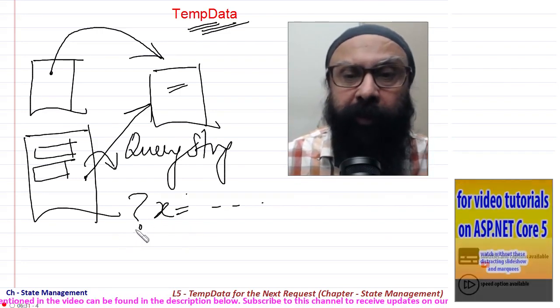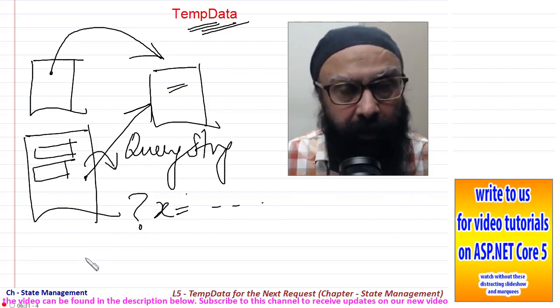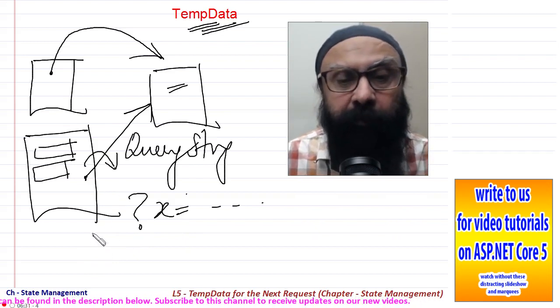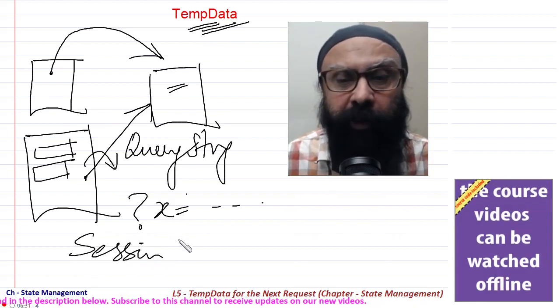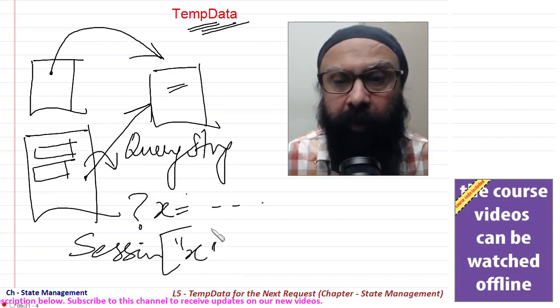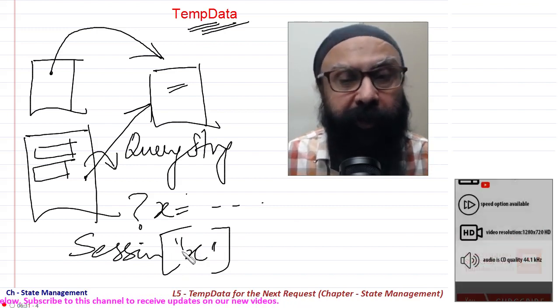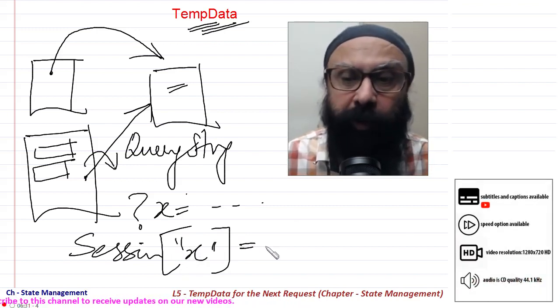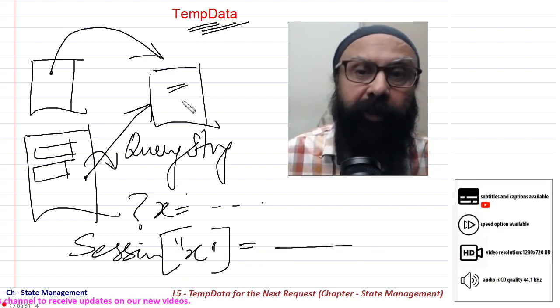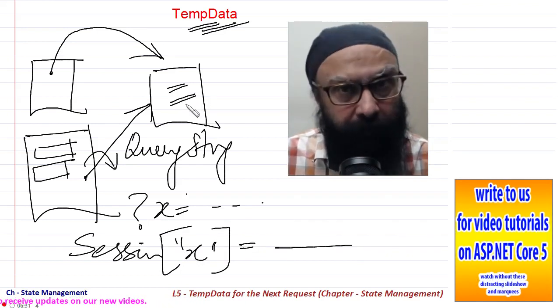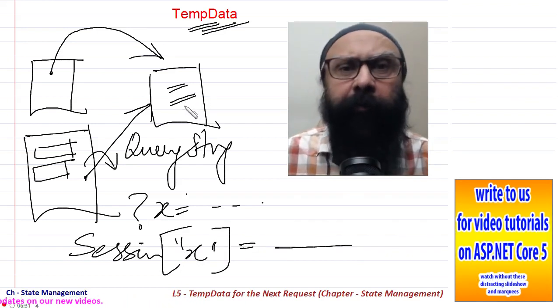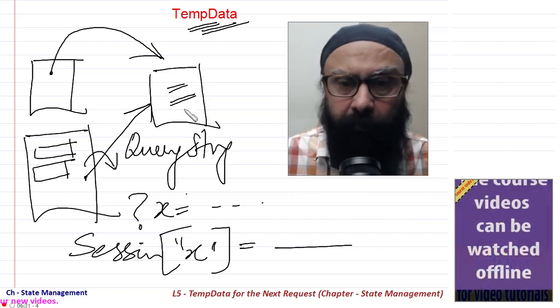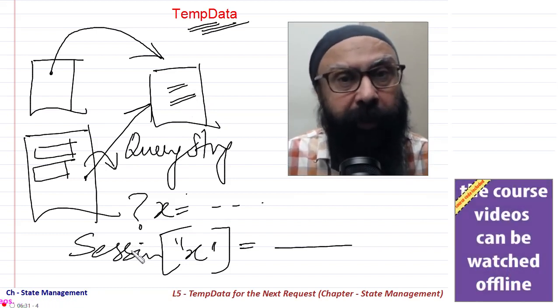The second method would be to use a session variable. Create some session variable and store the message. Let us say we create a session variable called X and store the message here, and read this session variable on the new page, and after reading maybe clear it away. This is one method of doing it.